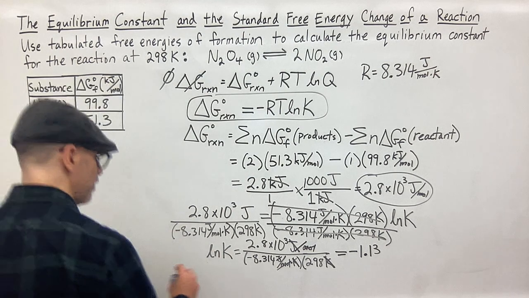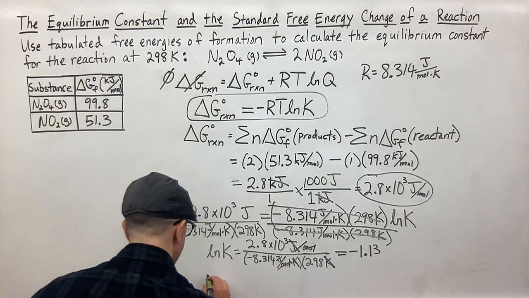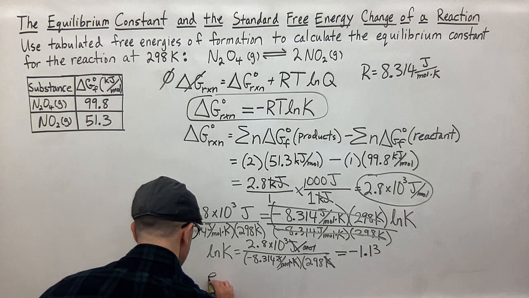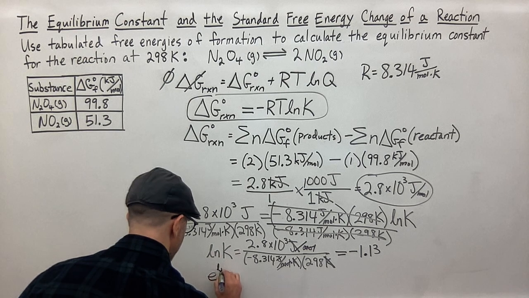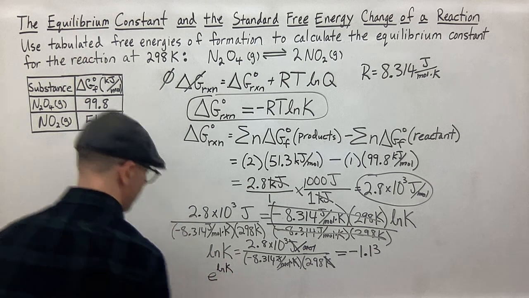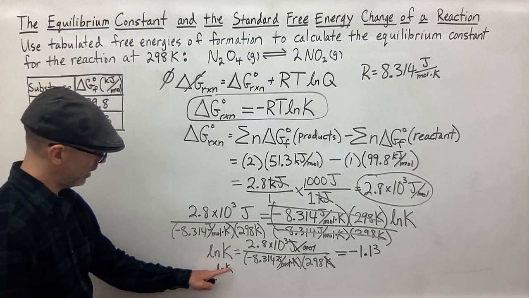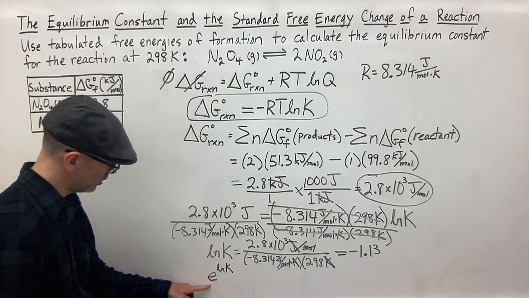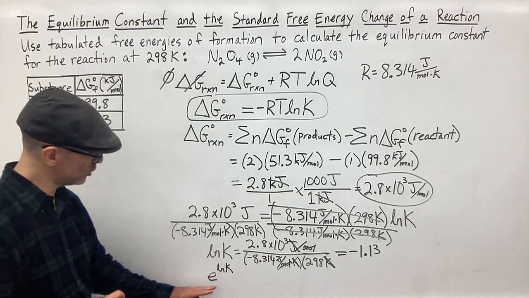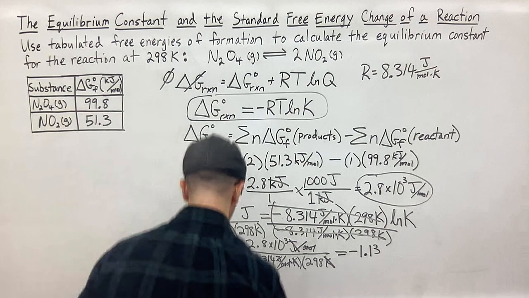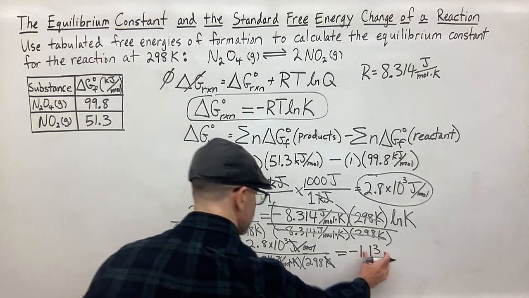So we'll write this as e to the power of ln of K. So we're writing this as a power of e because of the natural log. We're undoing the natural log, and this is the way you do it. And so if we do that to one side, we have to do it to the other side.